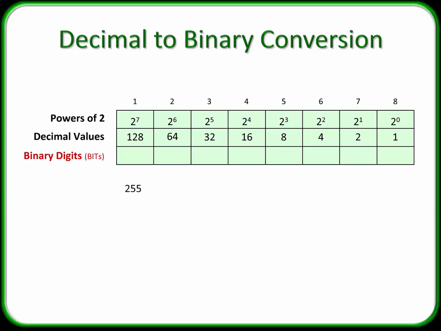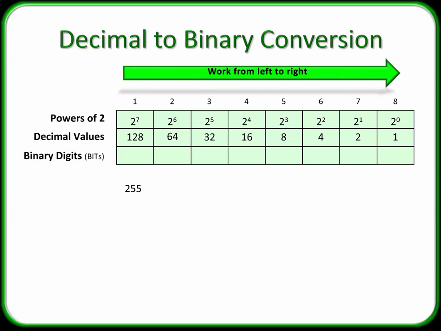When you are doing the conversion process, you want to work from the left to the right as you analyze each of the decimal values. For instance, we've got our starting number, the number that we want to convert, 255, and I want to look at the decimal row and go from left to right, highest to lowest, and see what is the first value there that I can subtract from my current number.